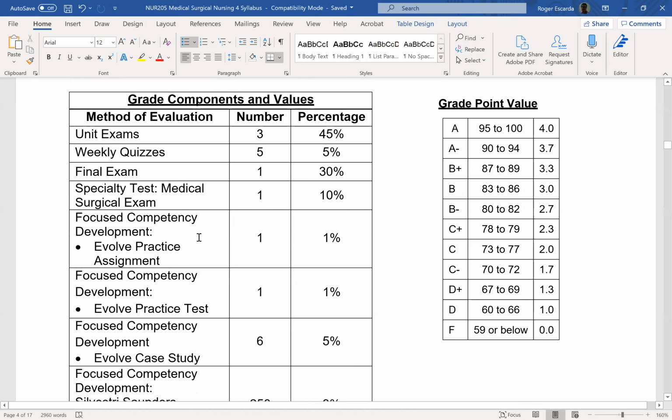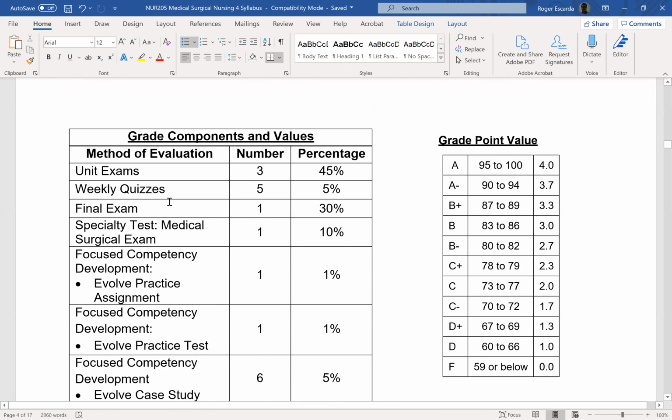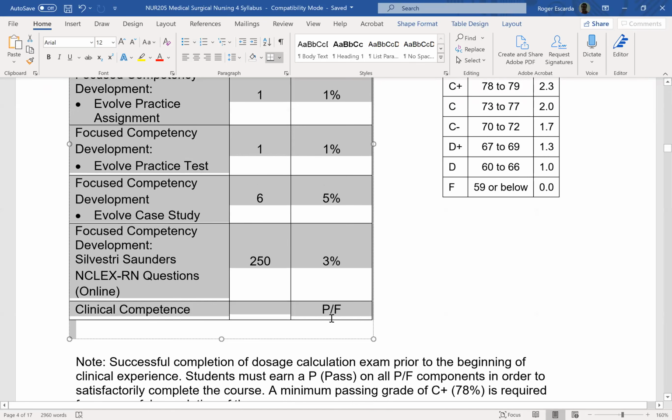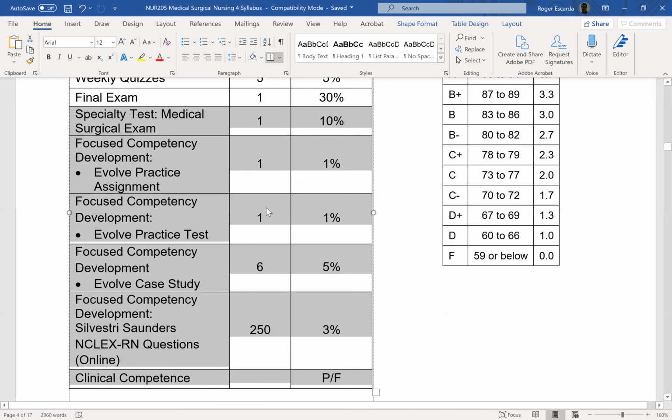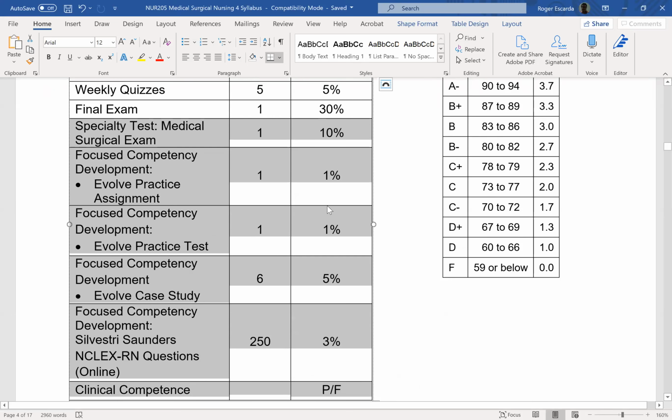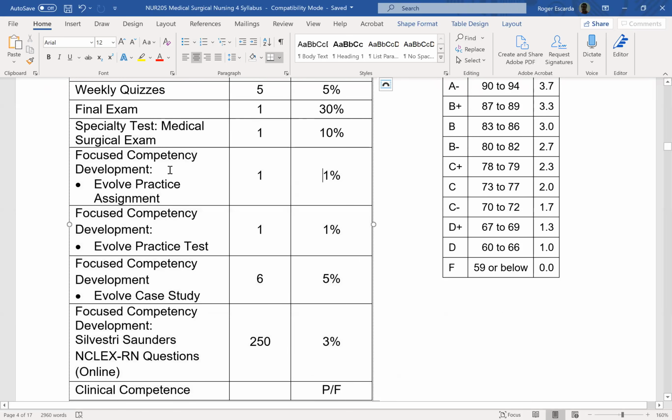You have 2 attempts at it. You need to score 90% or better, so you can easily get that 90. Of course, the only objective scores are the unit exams, the quizzes, and the final. All these other guys here, Saunders, case studies, and the 2 tickets to test, they're all right here.